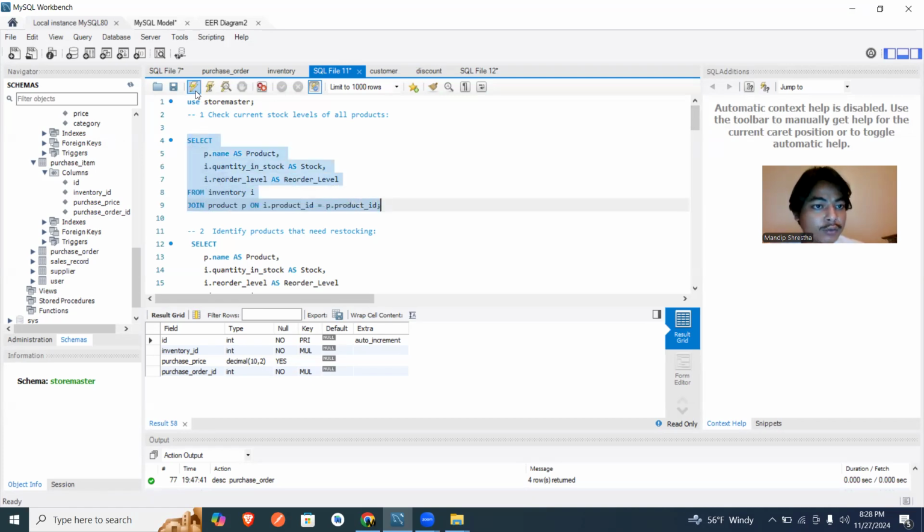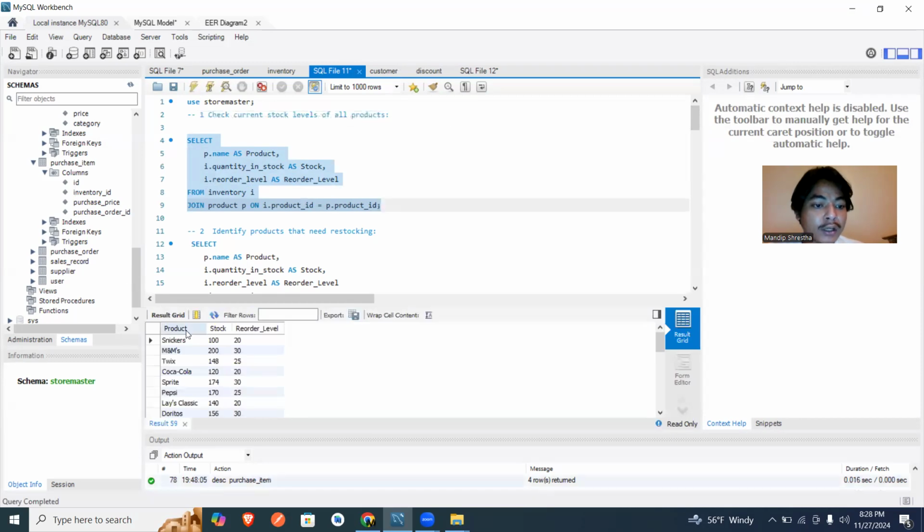When I run this query, it will give me the product name, the stock available right now, and also the reorder level. Suppose for my sneakers, if my stock is less than 20, that means I need to reorder the product. I can see all the products with their stock, current stock, and reorder level.